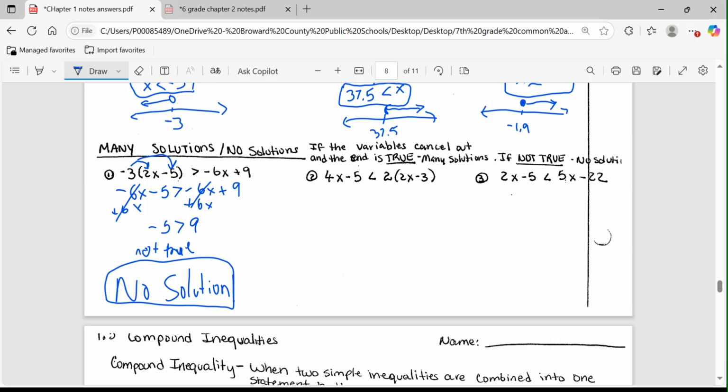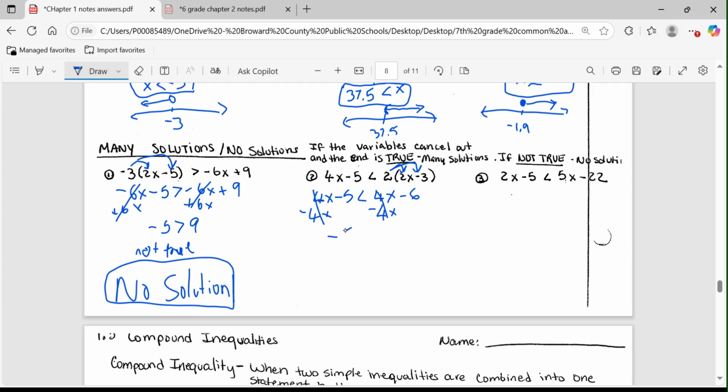Let's look at number 4. We have 4x minus 5, simplifying the left. It's already simplified. On the right side, we have 4x, and 2 times 3 is 6, so -6. So now I'm going to cancel out those x's. I always try to get rid of those variables first.